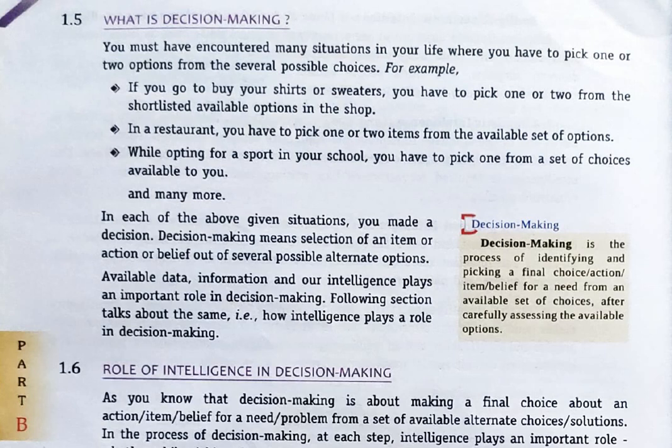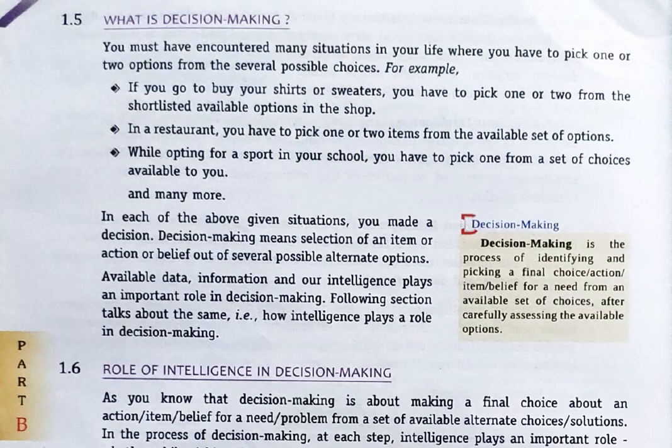Okay, some examples have been given here. When you go to a restaurant, you have the menu, so you decide which one to choose. Maybe based on your mood, or the choices of people sitting with you. So all this is a part of decision making.